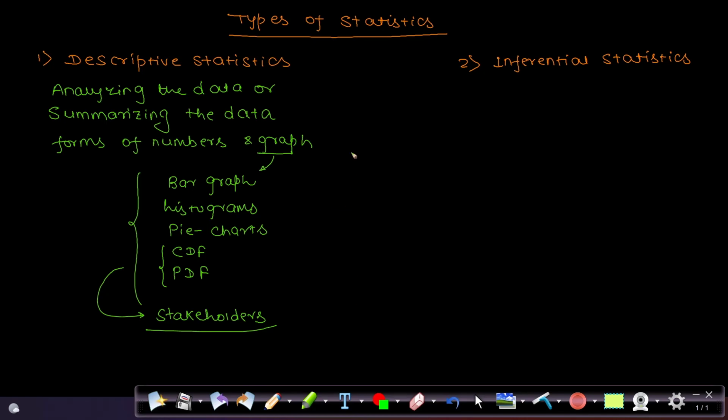Examples in descriptive statistics: first, the measure of central tendency. What is the measure of central tendency? It usually uses techniques like mean, median, and mode.